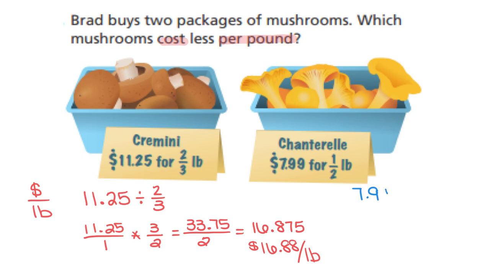So $7.99 divided by 1/2, which ends up being $7.99 over 1 times 2 over 1. So $7.99 times 2 ends up being the answer. 15.98. How much, Aubrey? 15.98. $15.98 per pound. So which one costs less per pound?